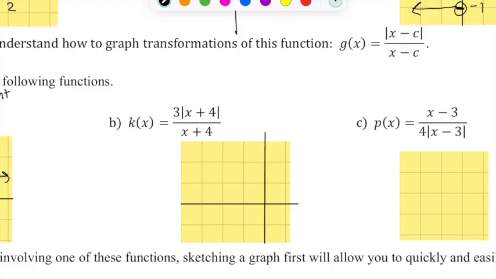Okay, so this next one, this is going to be +4, but anything in a parentheses is backwards. So this is going to be left 4. And then this is going to be a vertical stretch by 3. Think of it kind of like this.